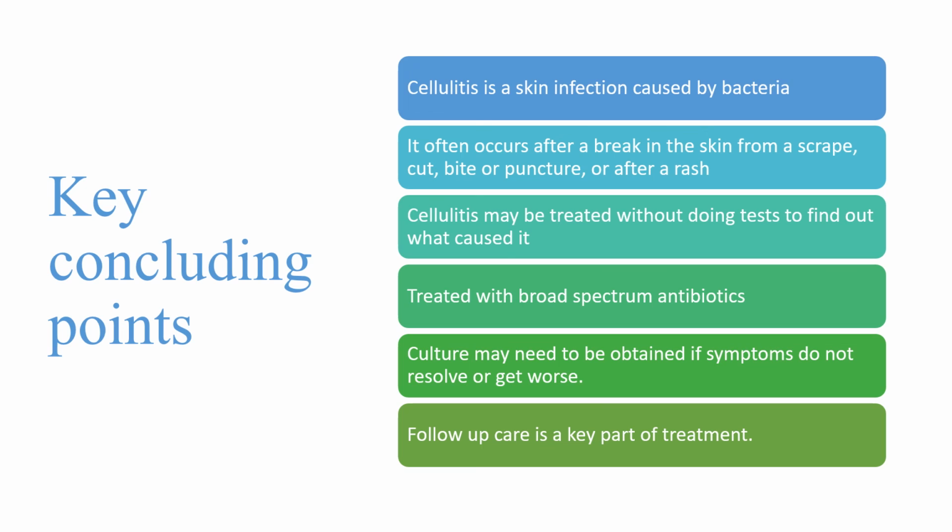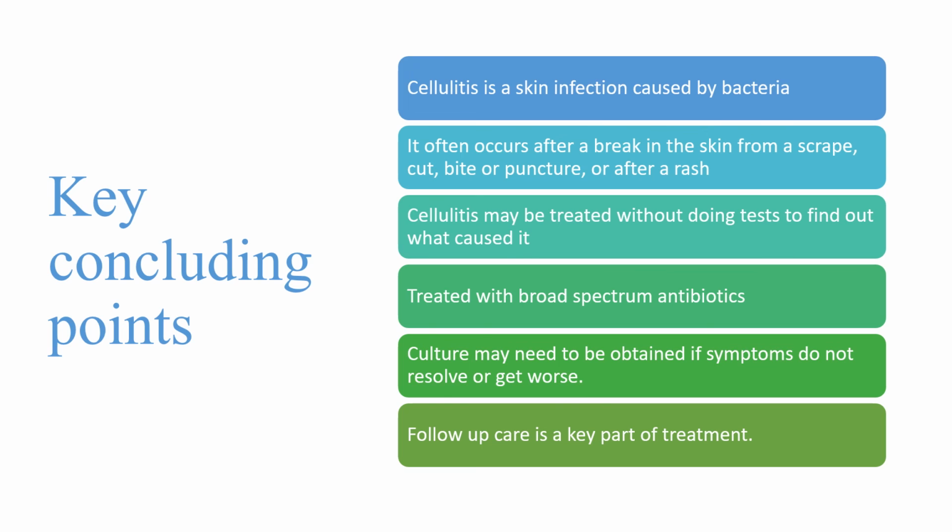In conclusion, cellulitis is a skin infection caused by bacteria. Most often it is caused by strep or staph. It occurs after a break in the skin from a scrape, cut, bite, or puncture, or even after a rash. Cellulitis may be treated without doing any tests to find out what caused it.